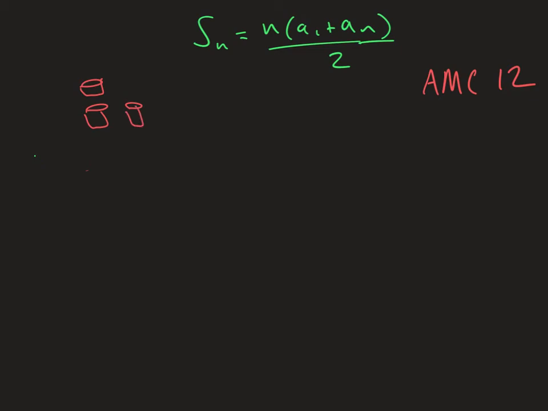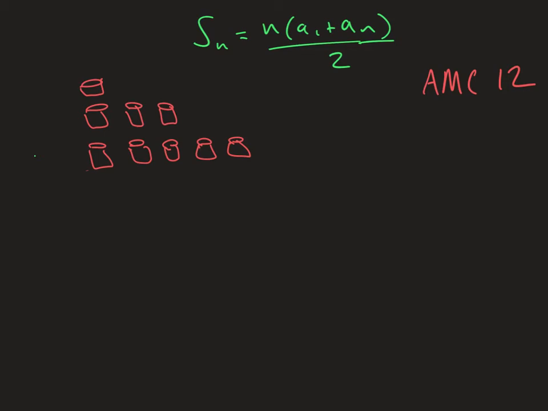So if we have 1 in the first, we have 3 in the second. And if we have 3 in the second row, we have 2 more in the third row, that would be 5. And it says, if the display contains 100 cans total, how many rows does it contain?